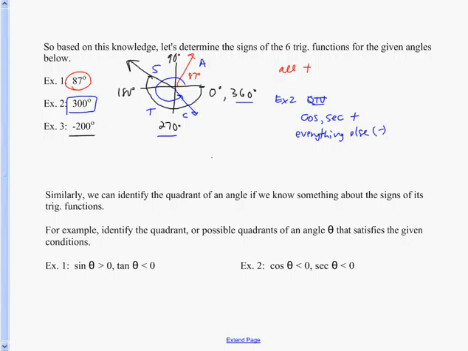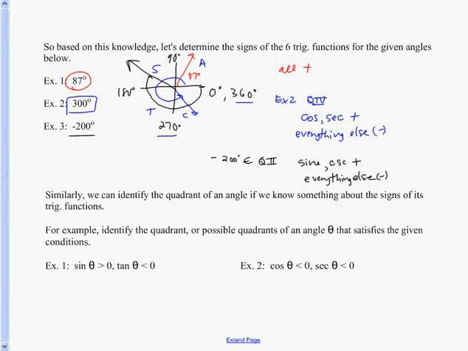So a negative 200 degrees is actually in quadrant 2, which means that sine and cosecant are positive, while everything else is negative. So just based on what I know about the angle and where it's positioned, I can already tell you about the signs of the 6 trig functions.